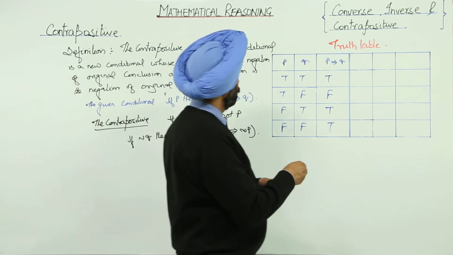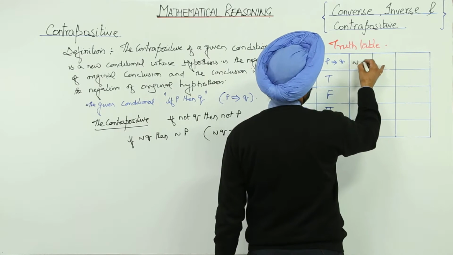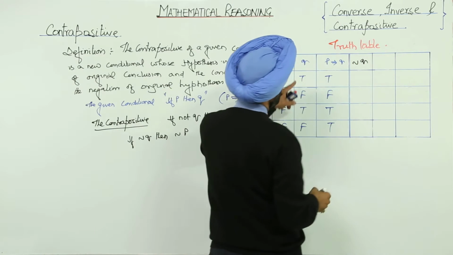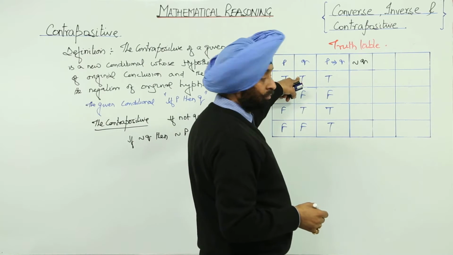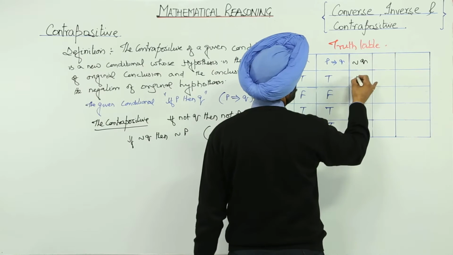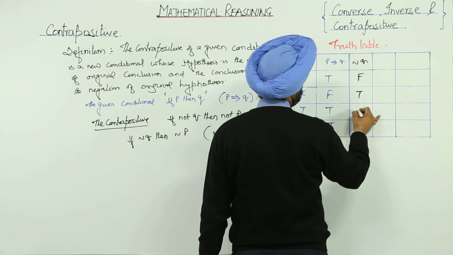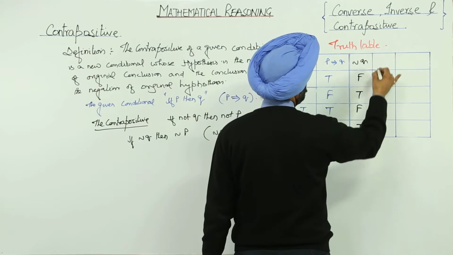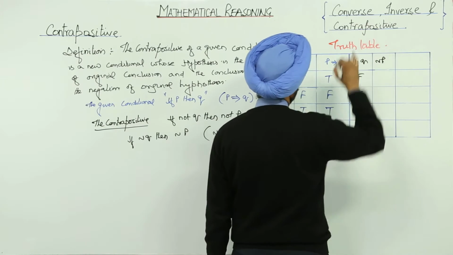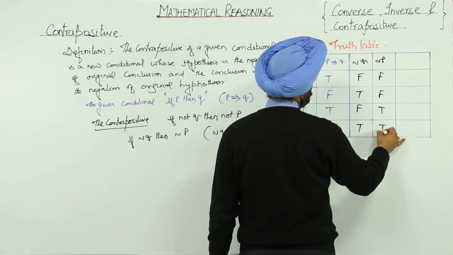Now let us fill it with first of all negation of Q. Now negation of Q means just negation part for this whole column. Now this becomes false, true, false, true. Negation of P, false, false, true, true.